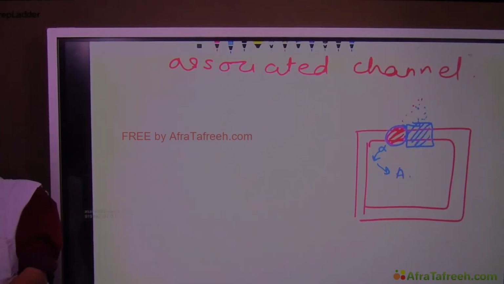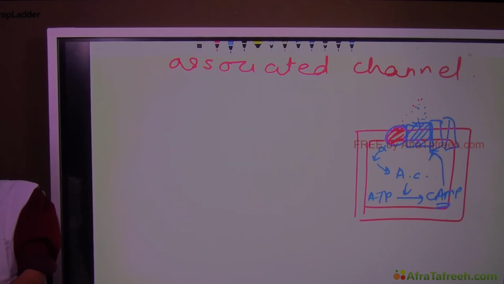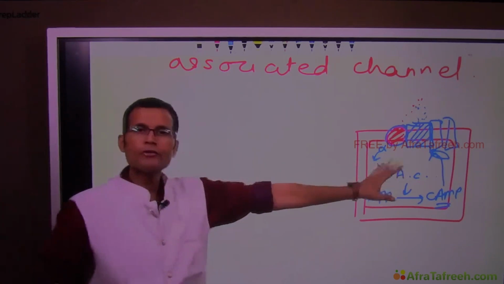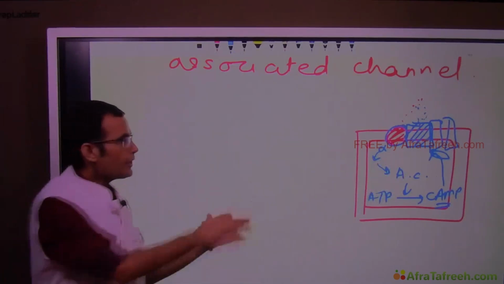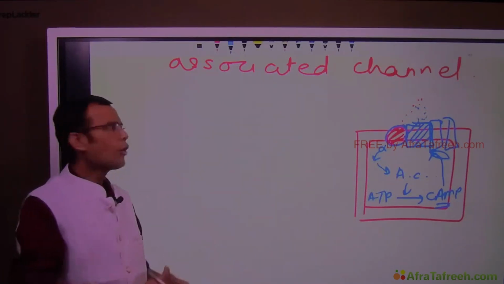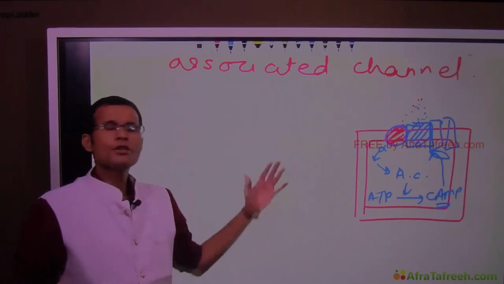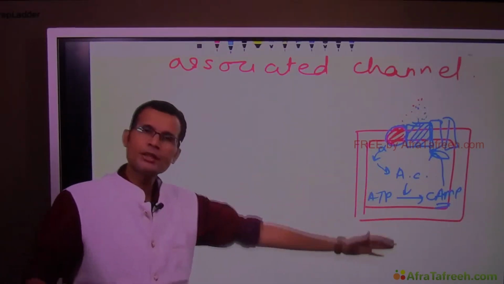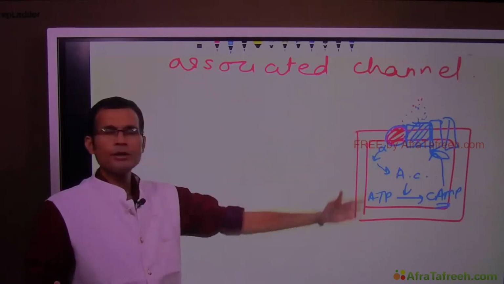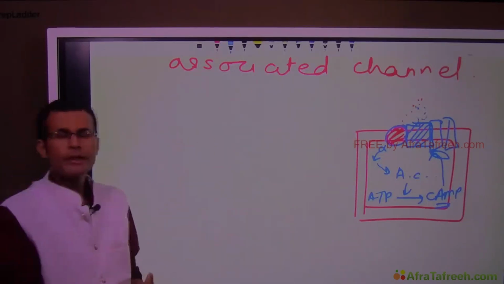So adenylyl cyclase enzyme will convert the cellular ATP into cyclic AMP, and then this cyclic AMP will open the gates of the channel. So, a cyclic AMP gated channel, or guanylyl cyclase enzyme will be activated. So GTP will be converted into cyclic GMP, and that cyclic GMP will open the gates of the channel.